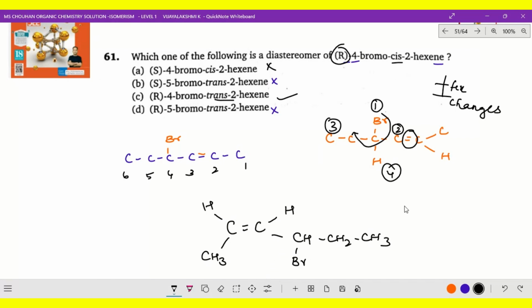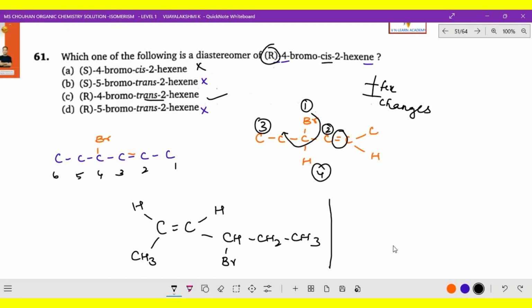Right, now this is one part, and the other one, in the same way, C double bond C, here CH3, and here H, and then here H, and then here CH, here CH2, CH3, here bromine. Now let us check the RS configuration.